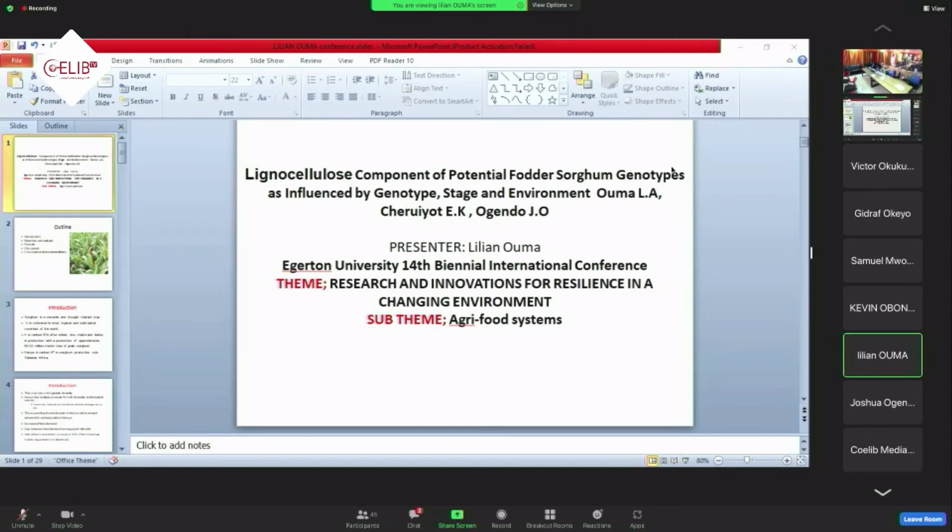Sorghum has a rich genetic diversity and hence has multiple products for domestic and industrial uses: for human food, industrial use, biofuel and alcoholic beverages, and as livestock feed.